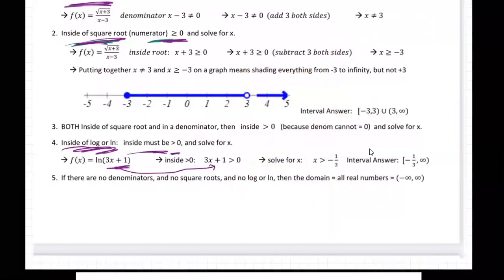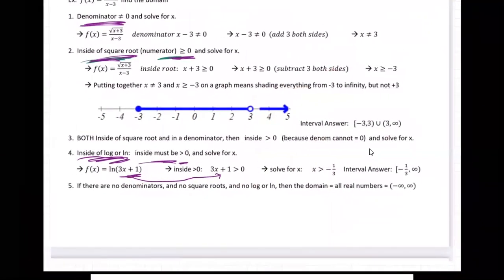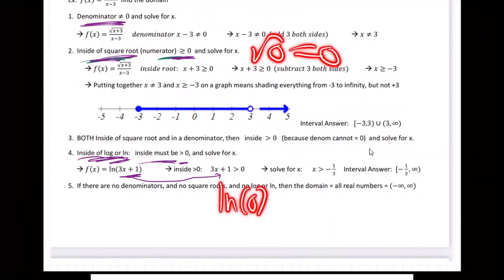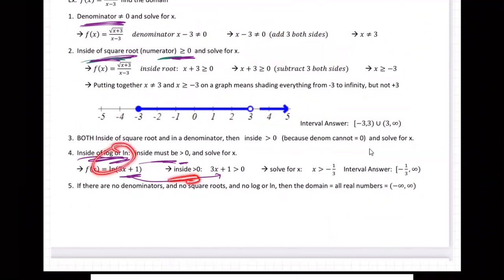So that's why we say the inside must be greater than 0, not equal to 0, which is what we had for inside of a square root. The inside of the square root can be 0. It's okay to take the square root of 0. That's just 0. But it's not okay to take the ln of 0. That's an error. You can try it in your calculator. You'll see. So the inside of a log must be greater than 0, not equal to 0.